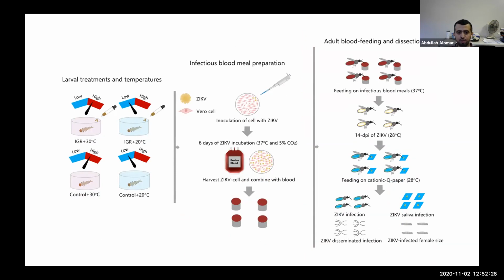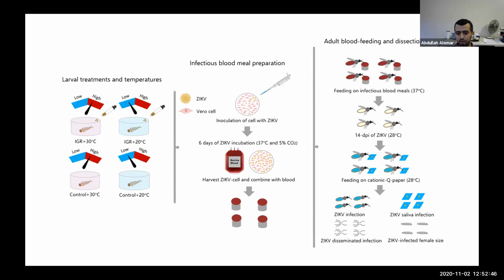In this experiment, we exposed larval mosquitoes to pyriproxyfen under two different temperatures, high and low. Surviving adults were then fed an infectious blood meal containing Zika virus.